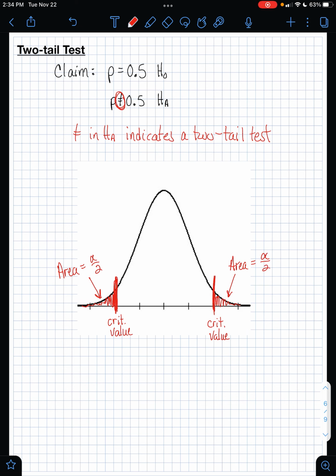Now the concept of a two-tail test is based on the idea that if H sub 0 says equal to, then we want it to be close to that. In this case, it's not about going left or right. H sub 0 is trying to be dead center. So if we vary too much to either side, that's enough.